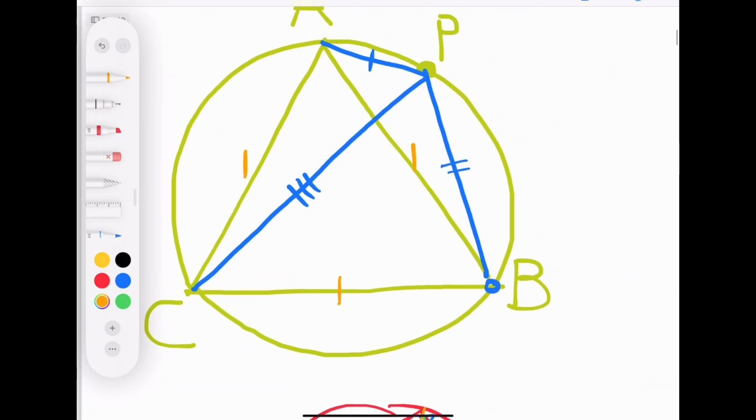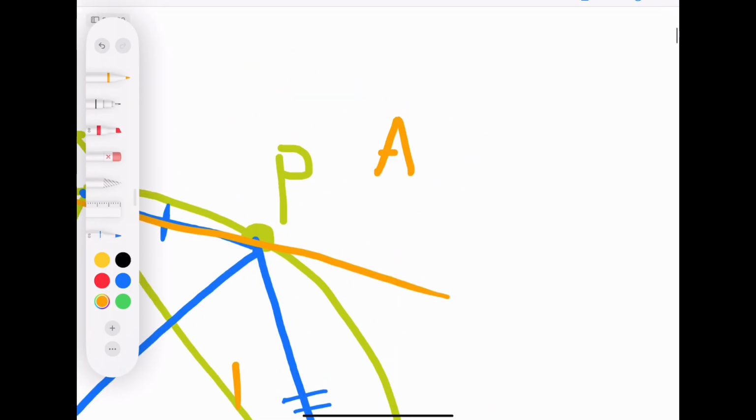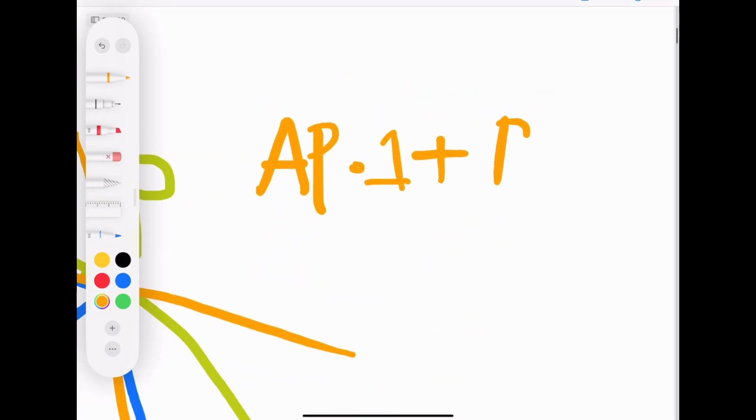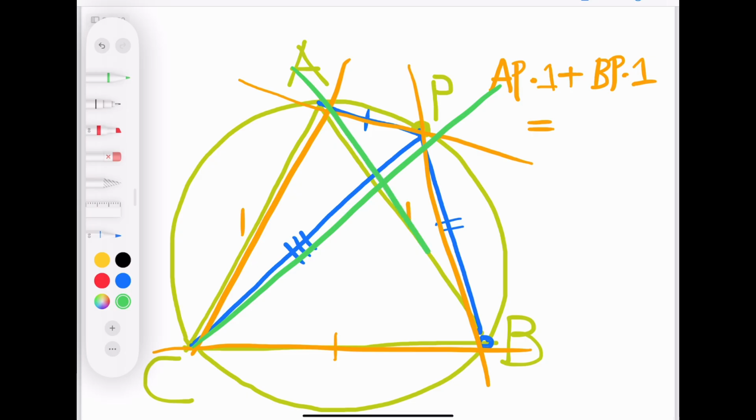And when we do this and apply Ptolemy's theorem, the product of opposite sides: the first product will be AP times 1, the second product will be BP times 1. And this should be equal to the product of the diagonals, which is CP times 1.